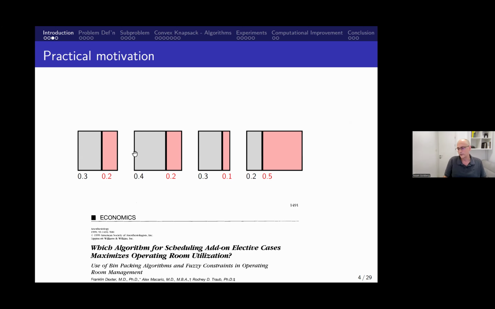And the OR shift you may have some in parallel, and you may have some over the next few days. So typically a few days or a week are scheduled in advance for elective surgeries. And we want to use the least number of shifts to schedule any given set of surgeries.